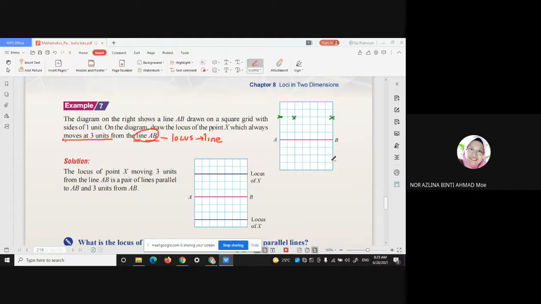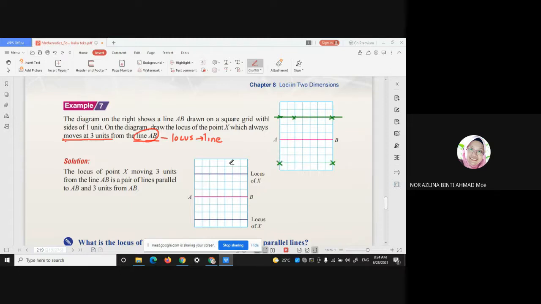You can take right and left, 3 units. So we draw the horizontal line, up and down.